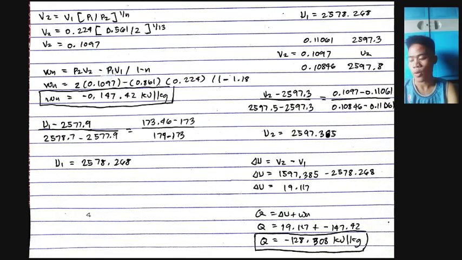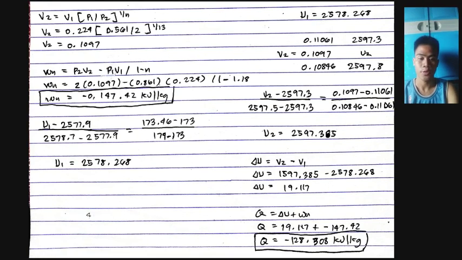Next, for Wn, it is equal to P2 V2 minus P1 V1 over 1 minus n. That is the formula for Wn. And by substituting it, Wn equals 2 times 0.1097 minus 0.861 times 0.224 over 1 minus 1.18.